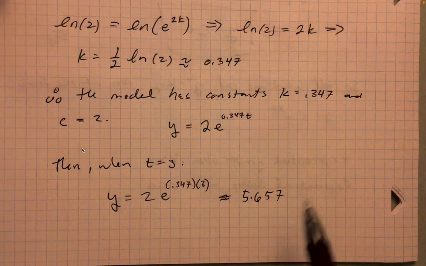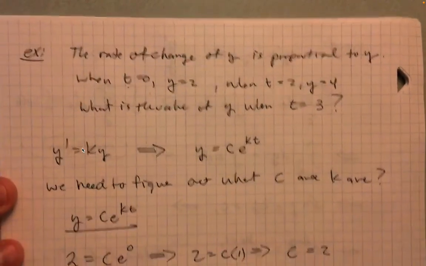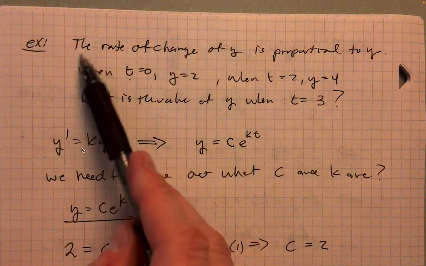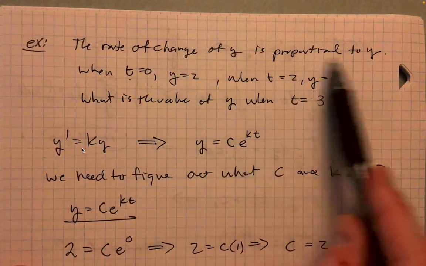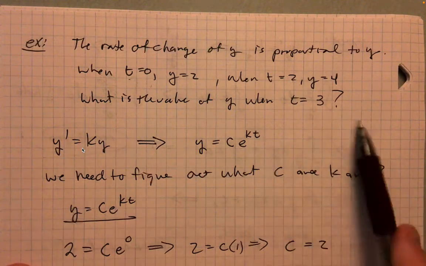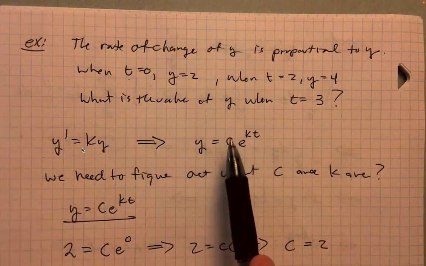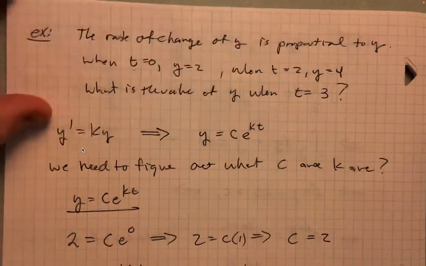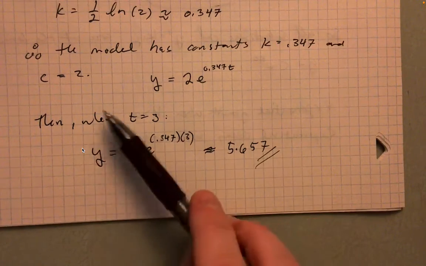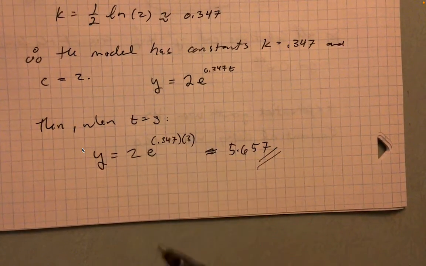Okay. So that's a good first example, right? So we started with just the fact that the rate of change of y is proportional to y and some initial conditions, and from that we can spin out what the model must be for this scenario, and we can even identify values of y for additional values of t.